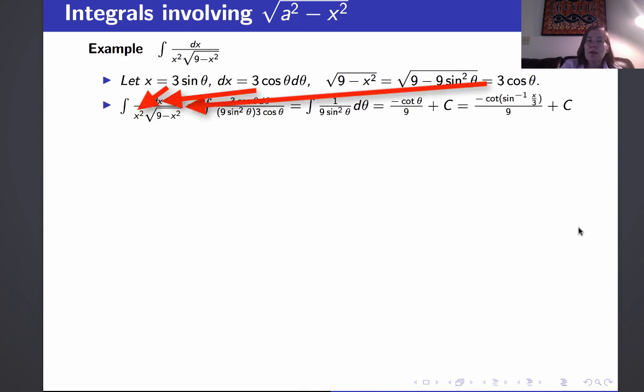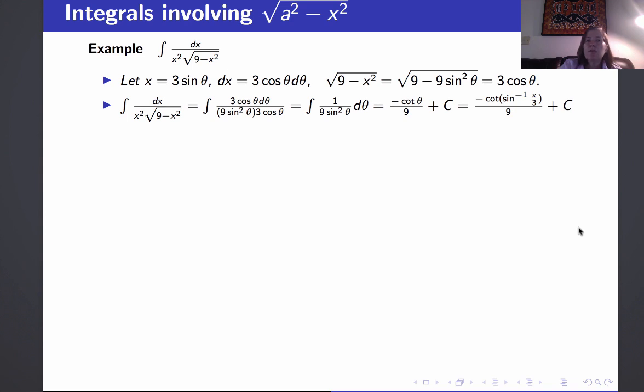Replacing everything appropriately, we get our integral is the integral of dx, which is 3 times cosine theta d theta, divided by x squared, which is 9 sine squared theta, times the square root of 9 minus x squared, which is 3 times cosine theta. And now we can cancel the 3 times cosine theta, and we're looking at the integral of 1 over 9 times 1 over sine squared theta.